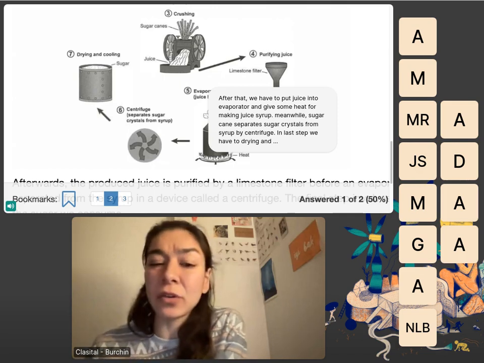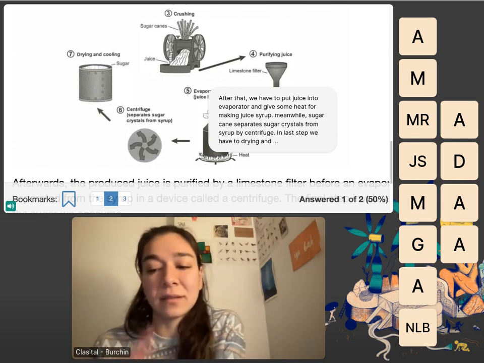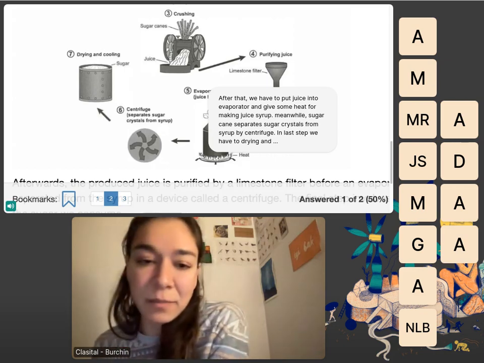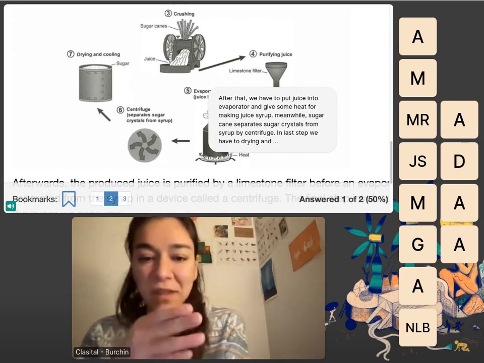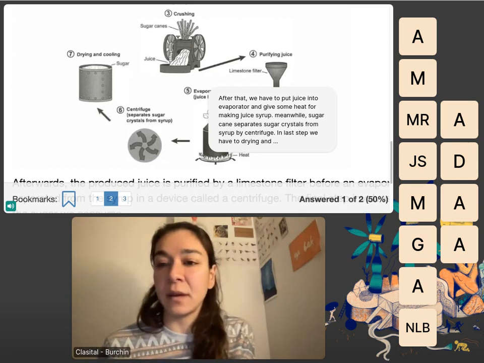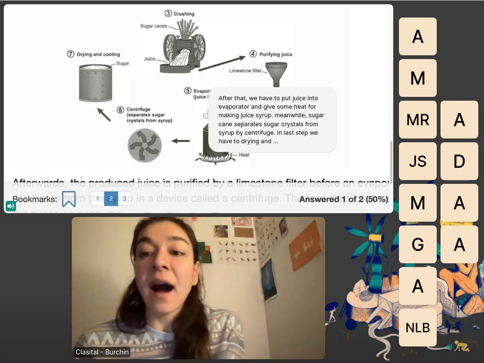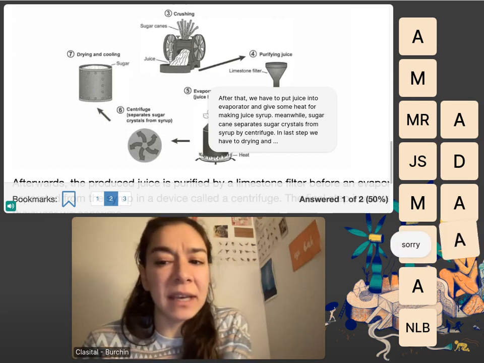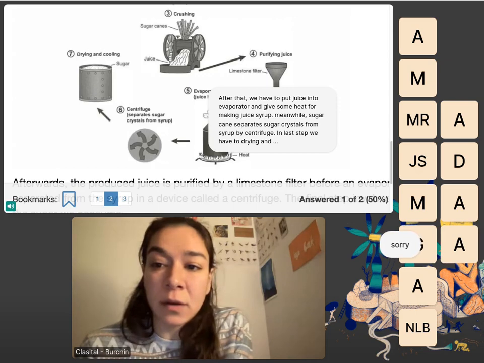Okay, maybe you don't need to write the sugar in the brackets, because it is so obvious. We are talking about sugar already. Mahesh says, after that, we have to put juice into evaporator and give some heat for making juice syrup.